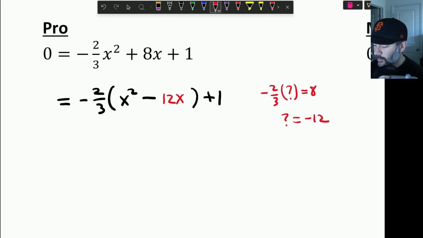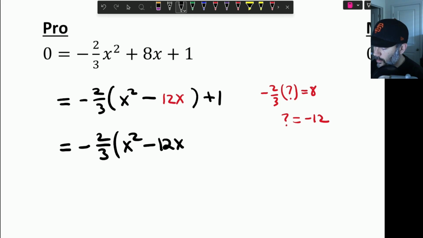Okay, so we've got that. We now need to complete the square by taking the 12 and dividing by 2 and squaring it.